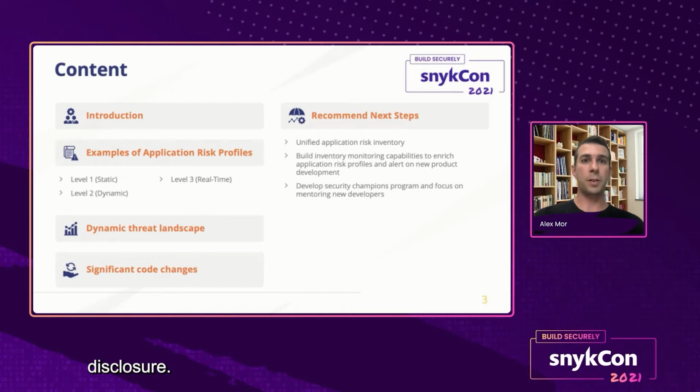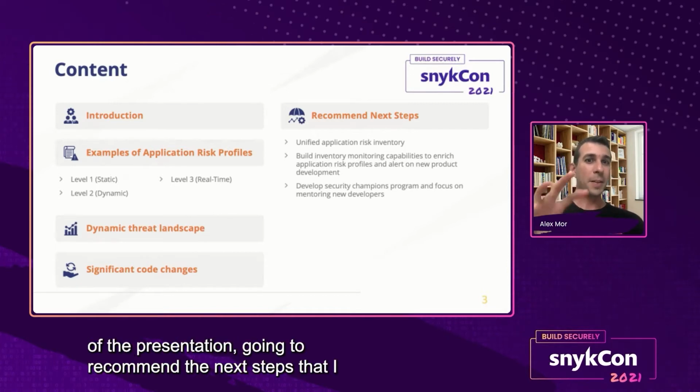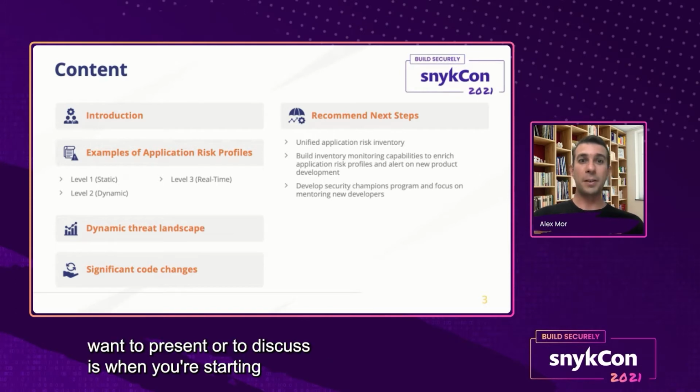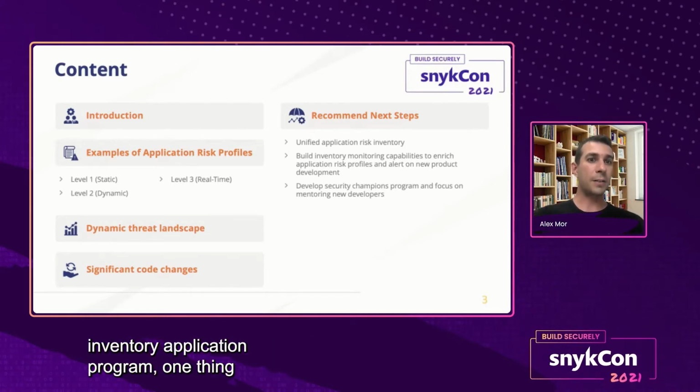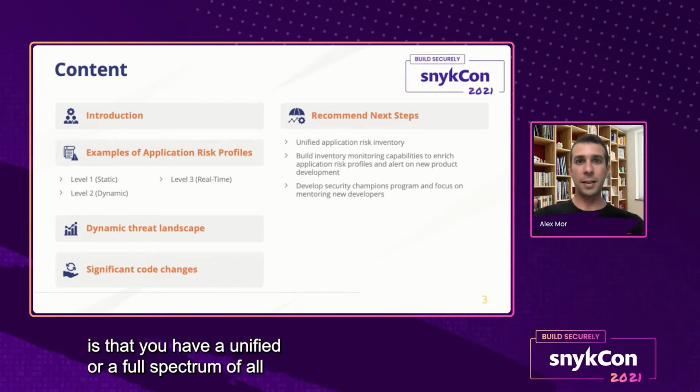For those of you who won't be with us until the end of the presentation, here are the recommended next steps when you're starting your journey on application risk profiling and an application inventory program. One thing is to have a unified, full spectrum view of all your applications.